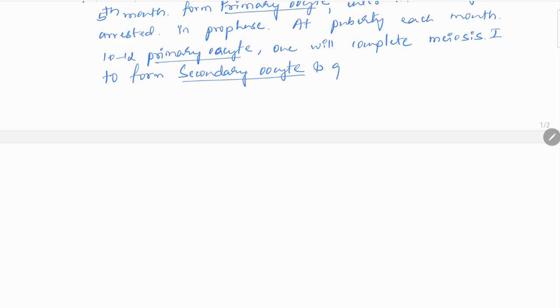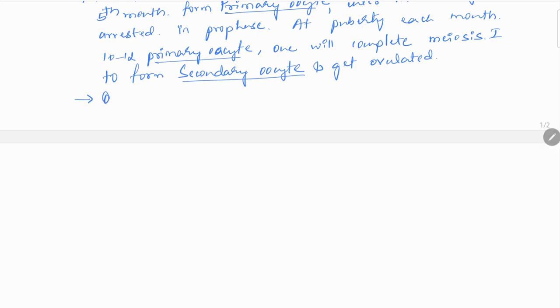And it gets ovulated. When the ovulation happens at puberty, the meiosis process is not completely complete. The full meiosis process is not completed yet. It's still at the secondary oocyte stage. Meiosis 2 will complete only when fertilization happens, or else they die like that.